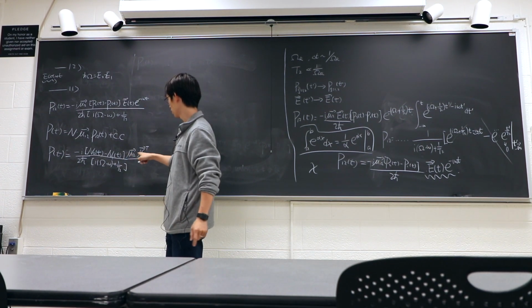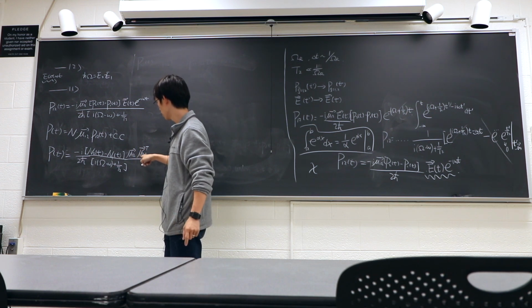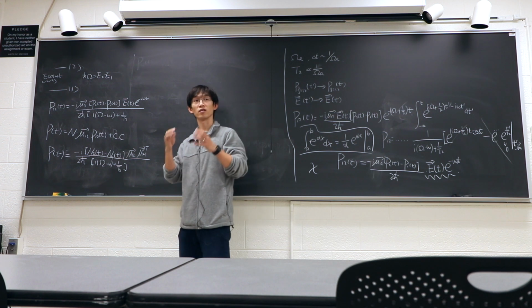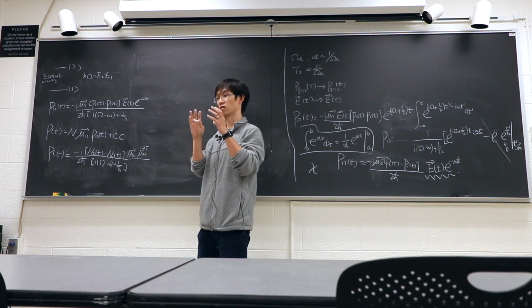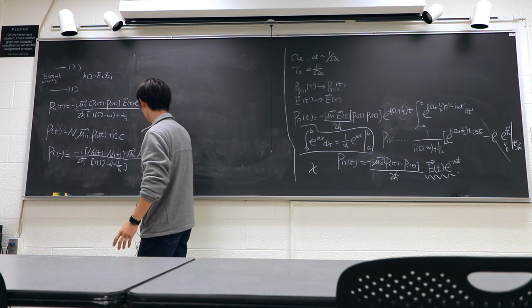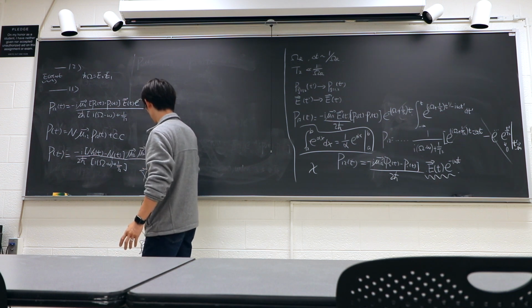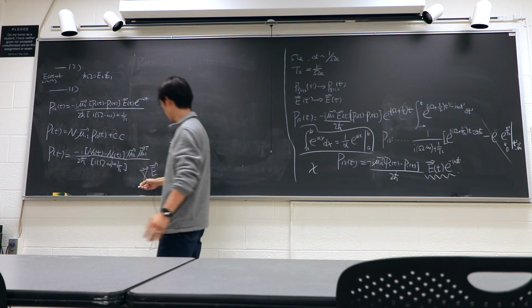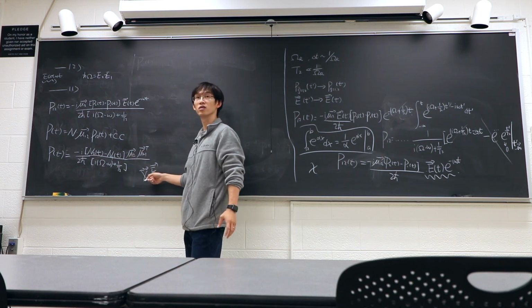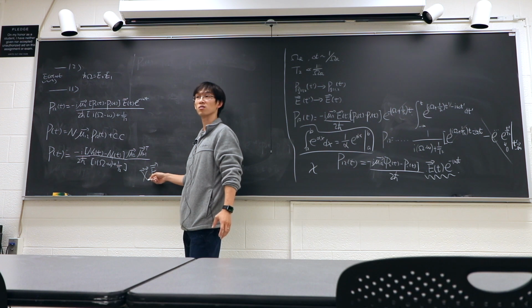Okay, this one together with this one is a tensor. We explained before, right? The polarization. This is a rank 2 tensor. When it multiplies with the field, it reduces one rank and becomes rank 1, and rank 1 is a vector.